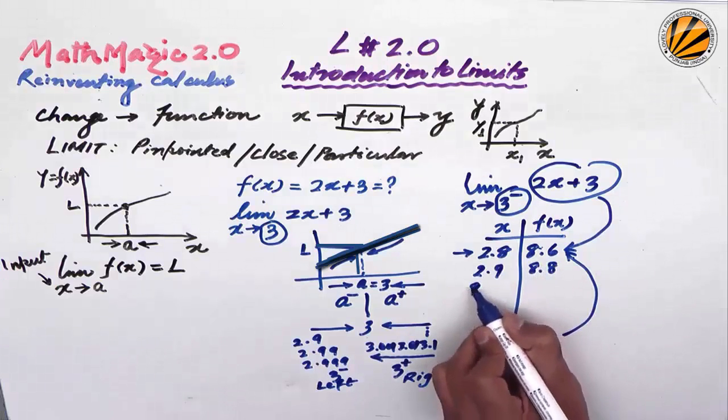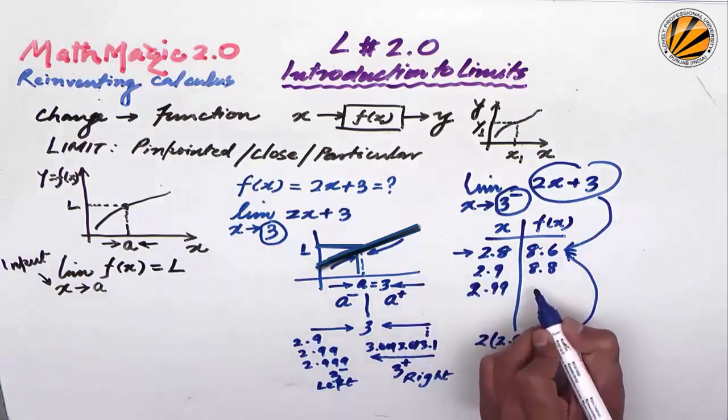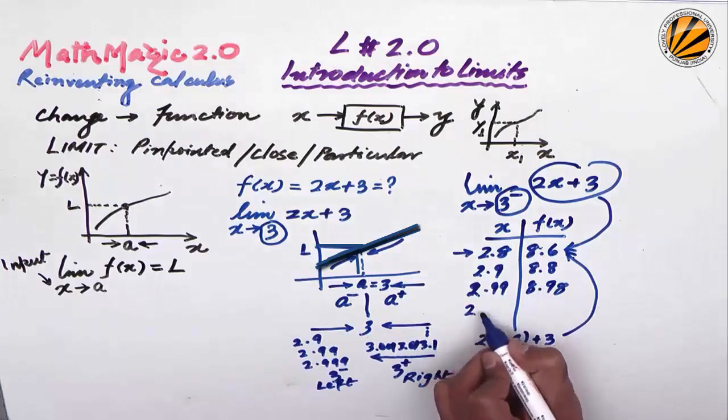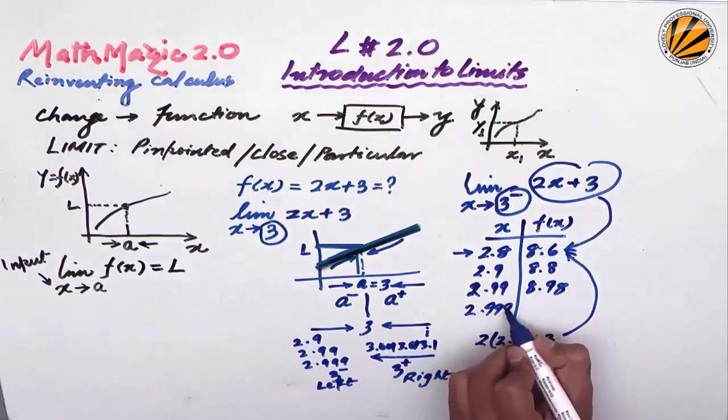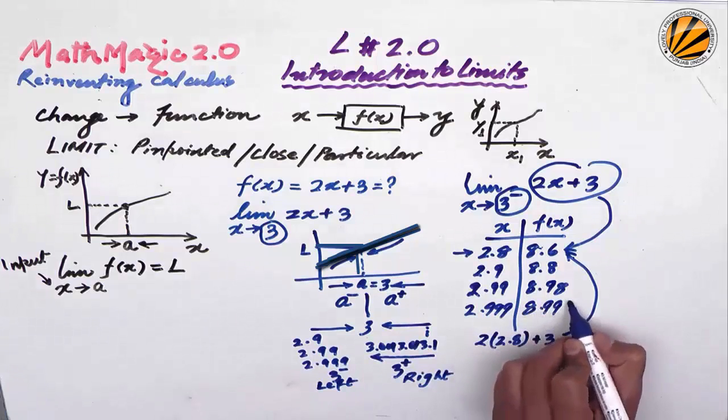If it is 2.99, meaning we are approaching 3 again, the output becomes 8.98. If it is 2.999, then the output is going to be 8.998.